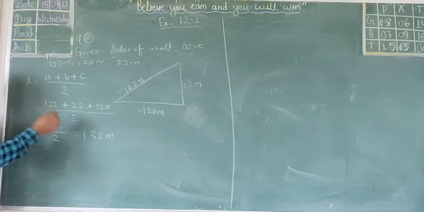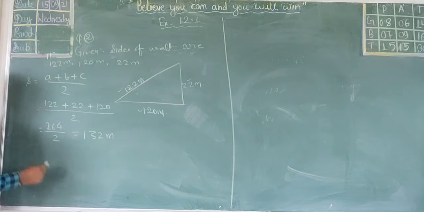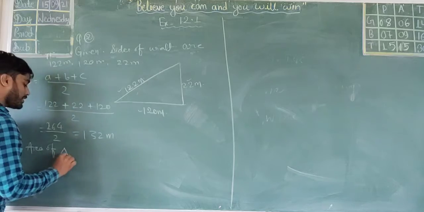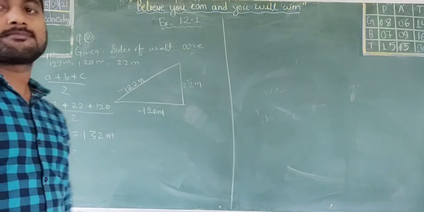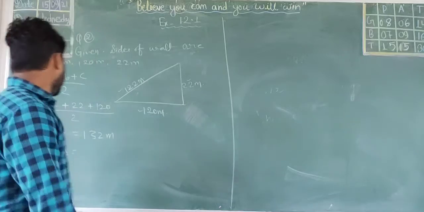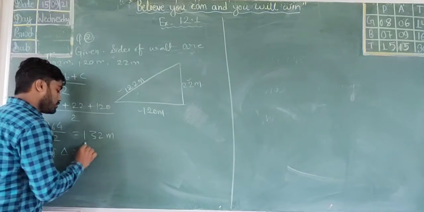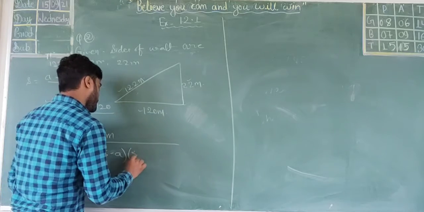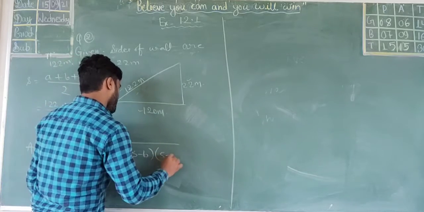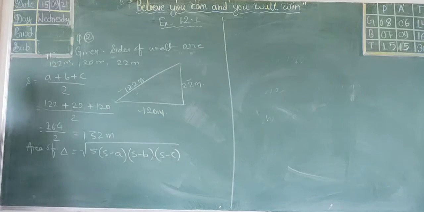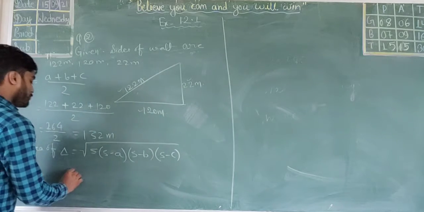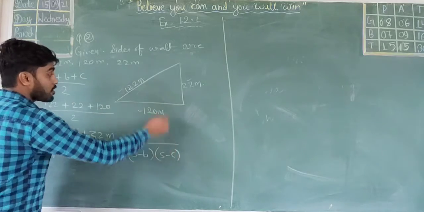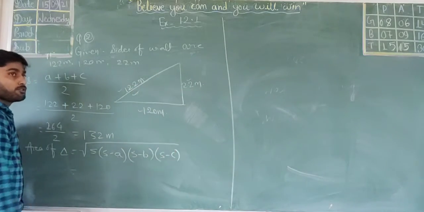Now we have to find the area of that triangle. Area of triangle is equal to under root S into S minus A, S minus B and S minus C. We put the values of S, A, B and C, the three sides of this advertisement board.